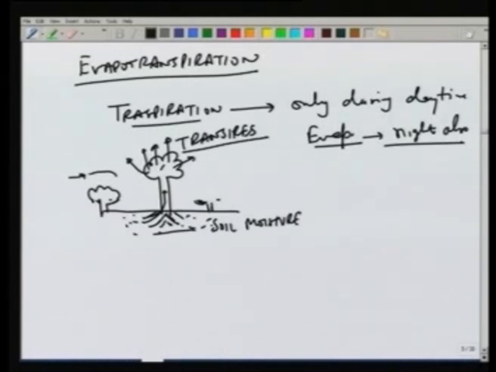So, all the factors which affect evaporation will also affect transpiration. In addition, the vegetation density, the nature of vegetation, its stage in growth will be the factors which will affect the transpiration. So, evapotranspiration or the consumptive use is affected by a number of factors, and we have looked at some of these factors. The next process which we look at is the infiltration.